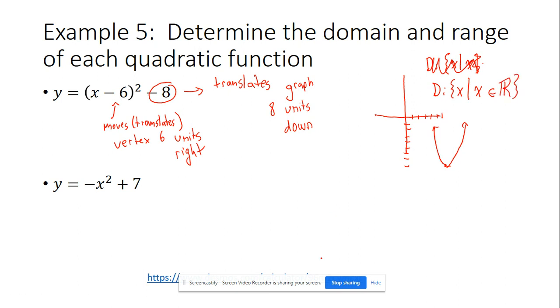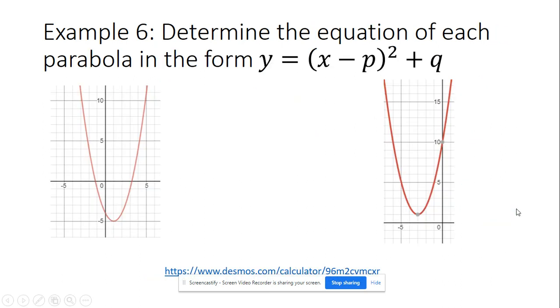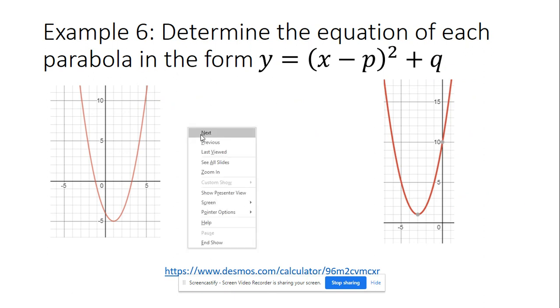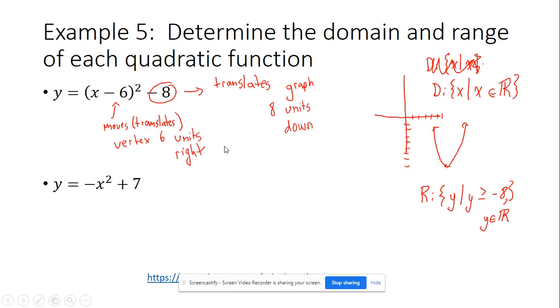Our range is the set of all y such that y is greater than or equal to -8. It's starting at -8 and going up. Sorry, I should be putting y is a real number in there too. So there's our domain and range for this guy over here.